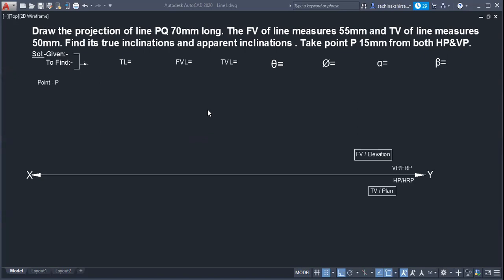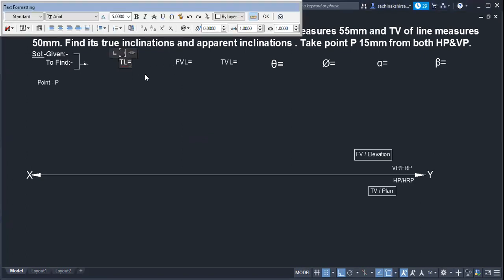Can you tell what is given in the problem? Draw the projection of line PQ. Sir, true length and apparent length are given. Is any angle given in this problem? True length is 70 mm. Okay, correct.